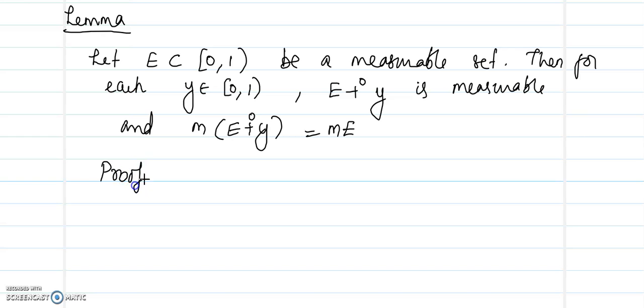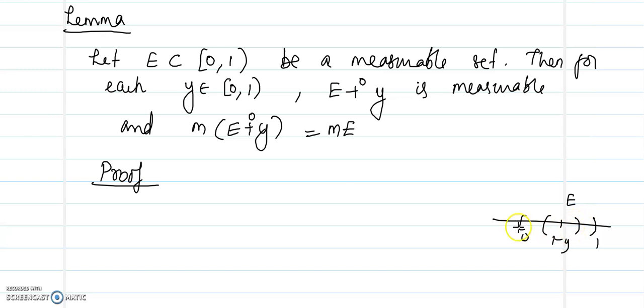So let us prove this result, and using this we will construct a non-measurable set. Now for the proof, let me take [0,1). E is some subset of the interval [0,1). Now let 1 minus y be any value lying inside this set.